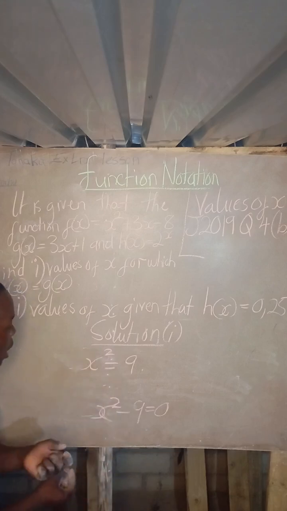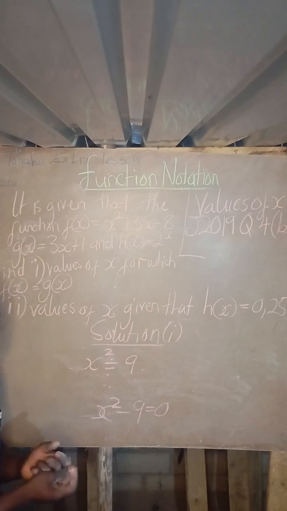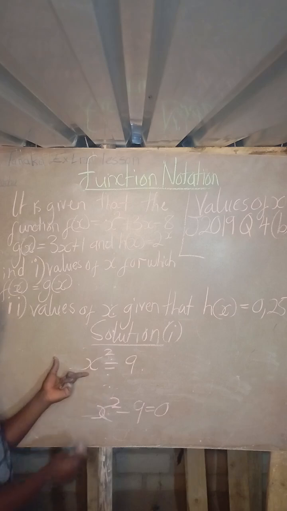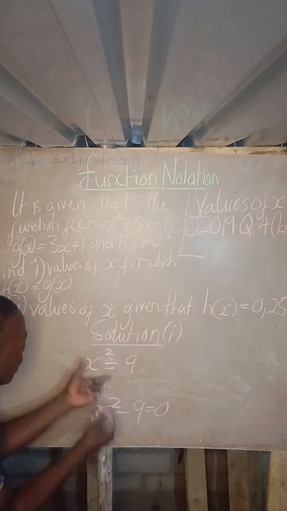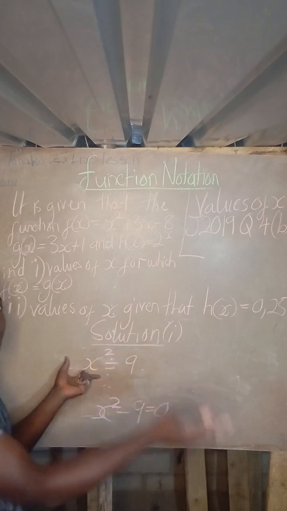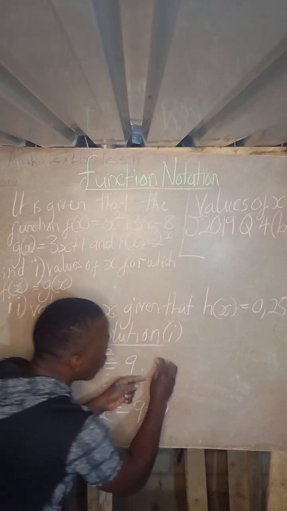We looked at the two like so. So for us to eliminate the other x, we introduce a square root. Since our x is squared, when it is squared we introduce a square root. But when it has a square root we square, for us to eliminate what? The square root sign.